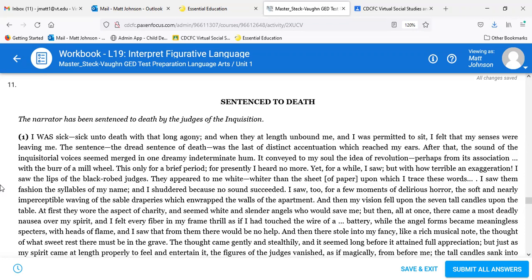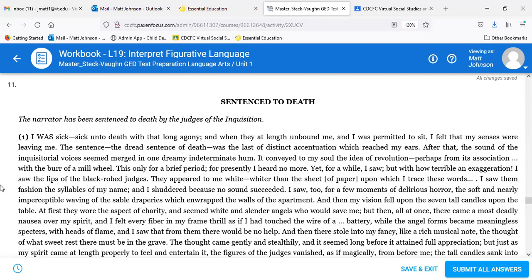At first they wore the aspect of charity and seemed white and slender angels who would save me. But then, all at once, there came a most deadly nausea over my spirit, and I felt every fiber in my frame thrill as if I had touched the wire of a battery, while the angel forms became meaningless specters with heads of flame, and I saw that from them there would be no help.